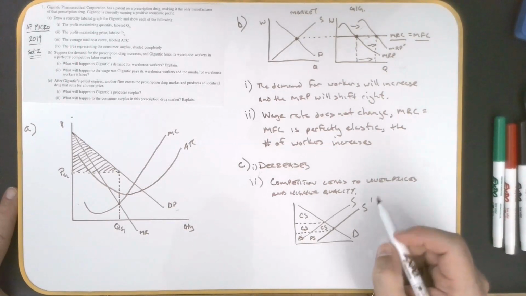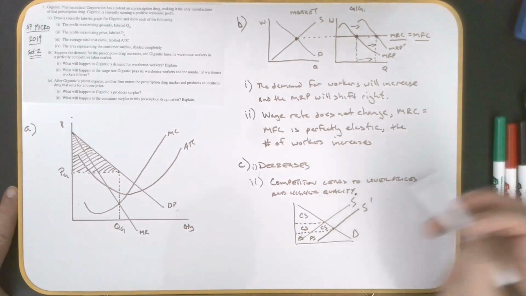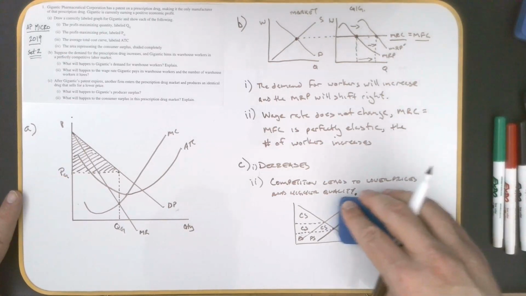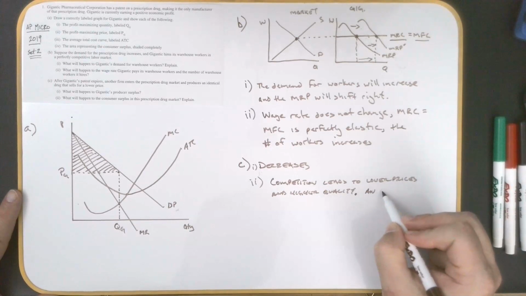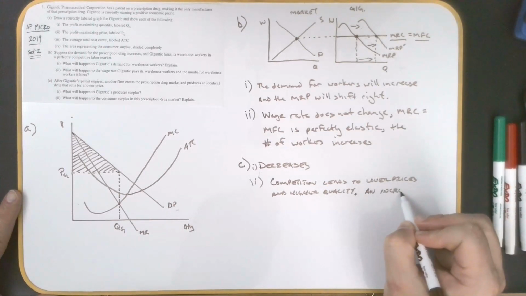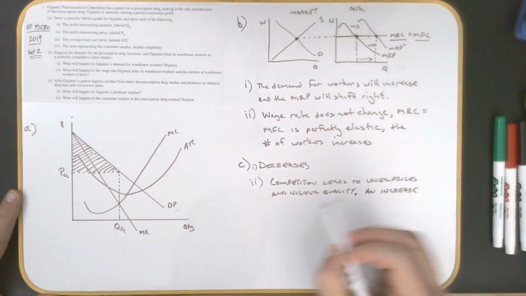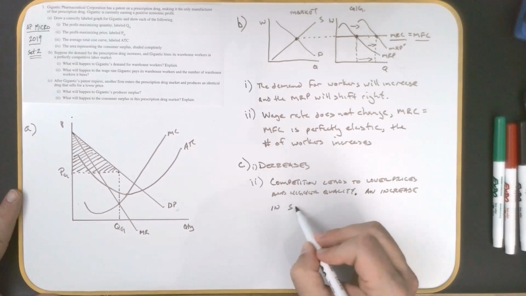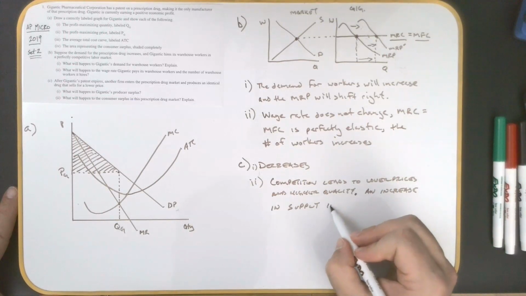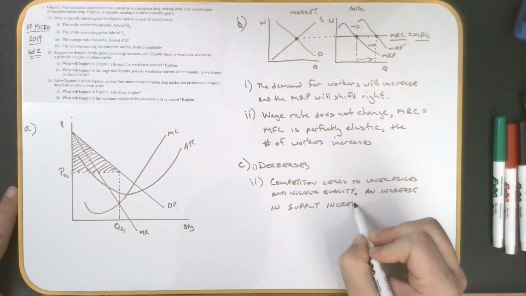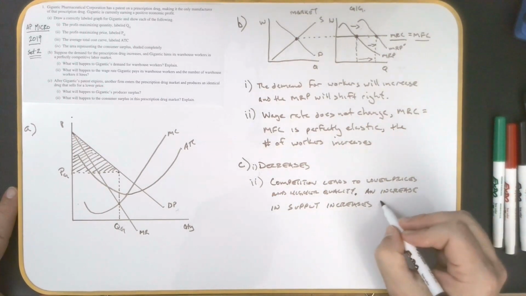But that's your explanation. You could also say, if you wanted to keep it real econ based, an increase in supply increases consumer surplus.